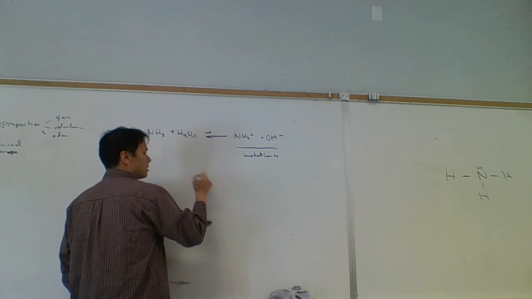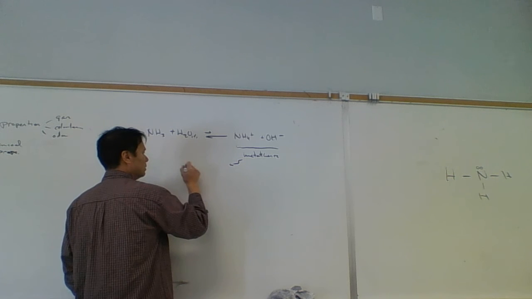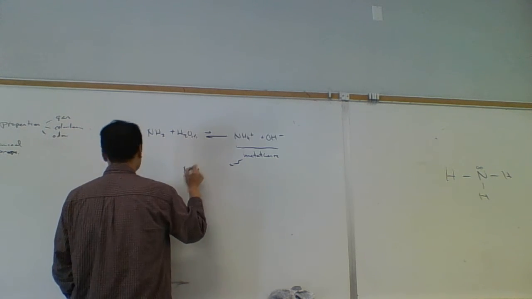And so let's start off with ammonium first. We generate a little bit of ammonium through the reaction of ammonia and water. And the ammonium can react with what? Well, what is metathesis? Metathesis is favorable ion combinations.